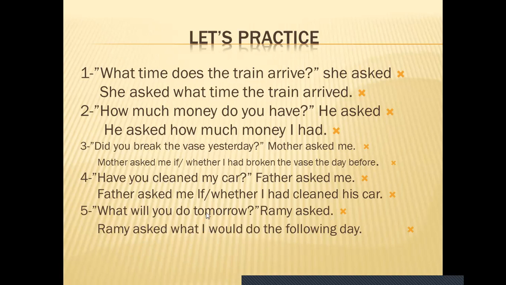I prefer I, okay. But if you write he or she or they, it is right. The tense here is do only? No. The tense here is will do. Okay, it is future, it is not present. So it will be will do, we change it into would do. Tomorrow would be the following day.